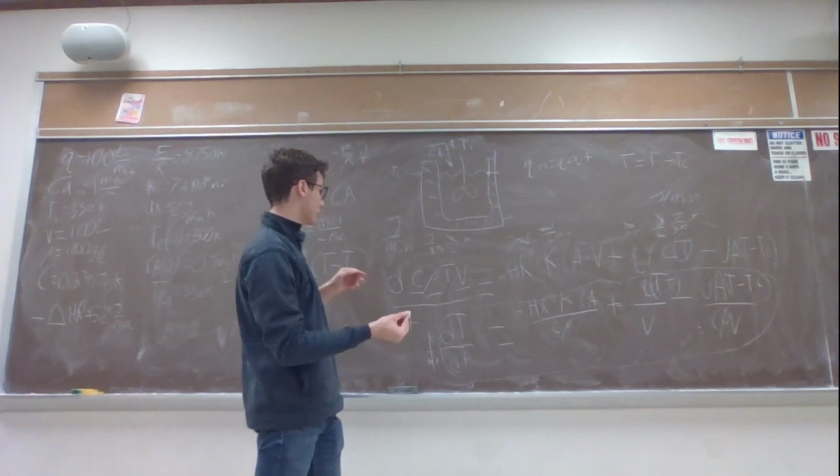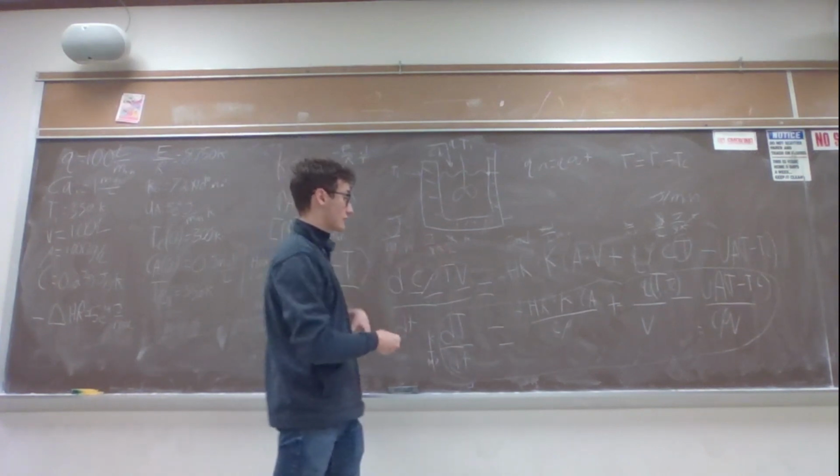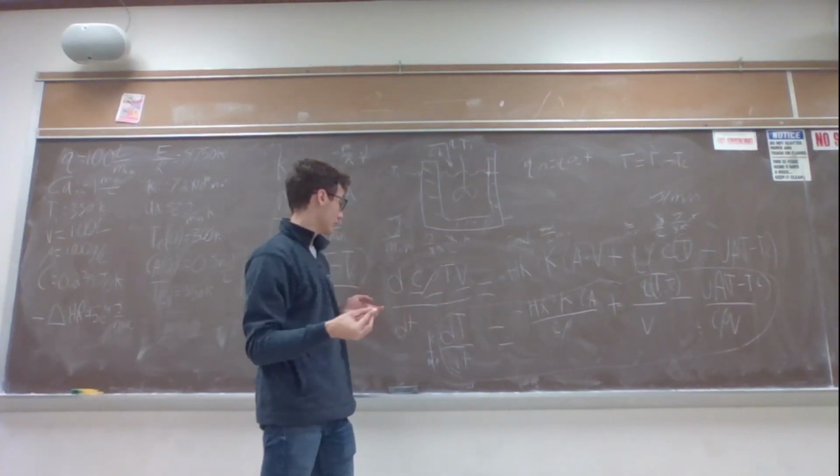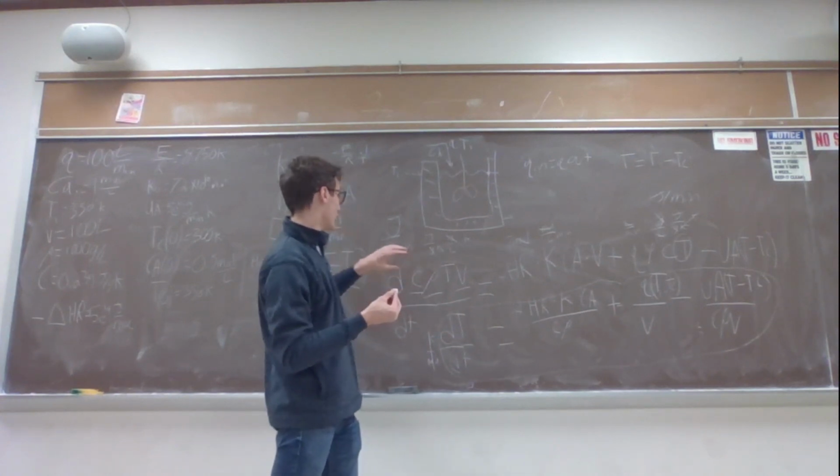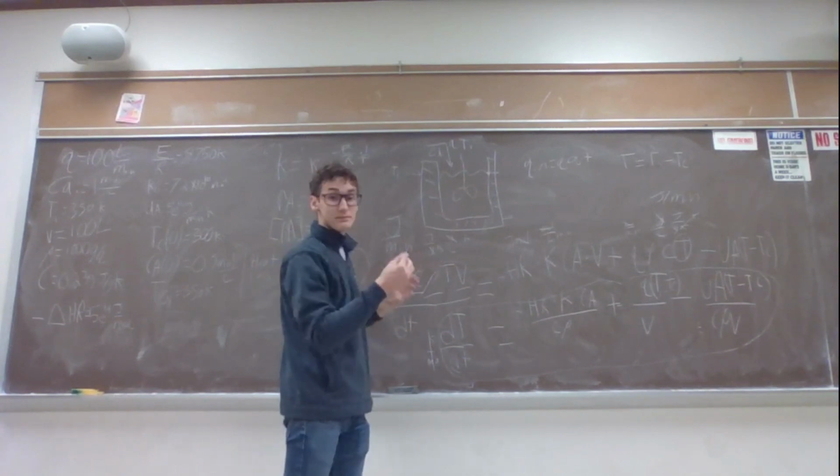Even though a few constants have gone back to the other side, it still calculates what we want. And now it's calculating the change in temperature, as that's what this entire formula is dependent on.